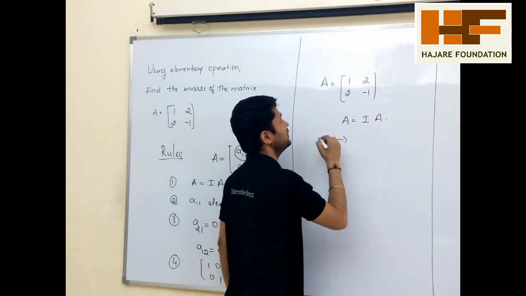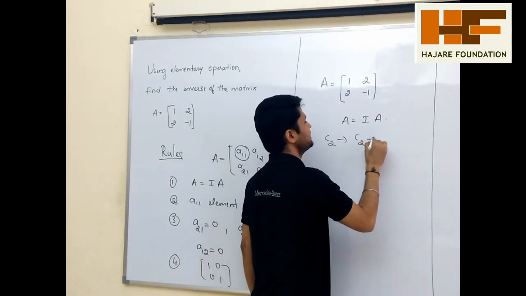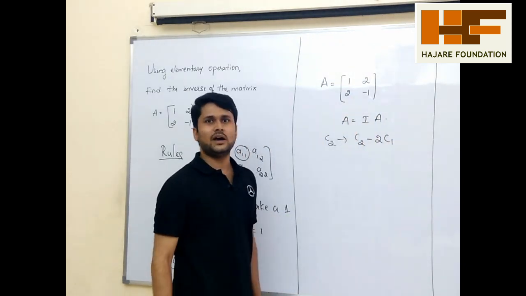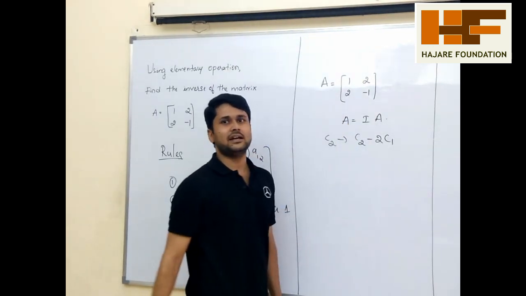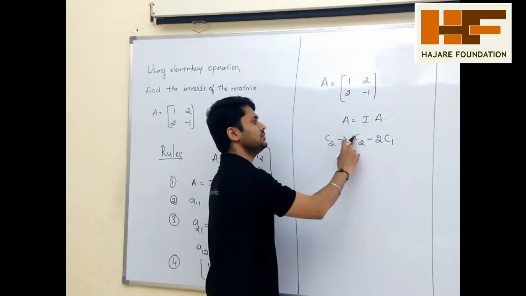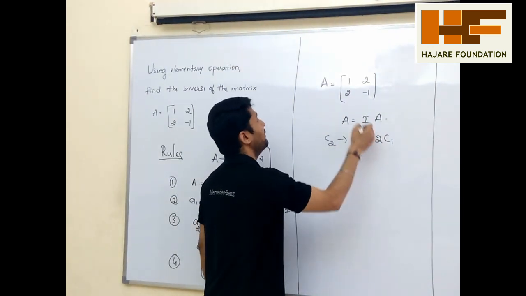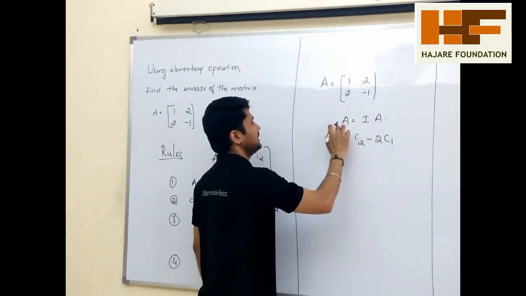C2 changes to C2 minus 2 times C1. Already the A11 element is 1. Next, we have to make this element 0. C2 changes to C2 minus 2 times C1. Write the given matrix in this form.